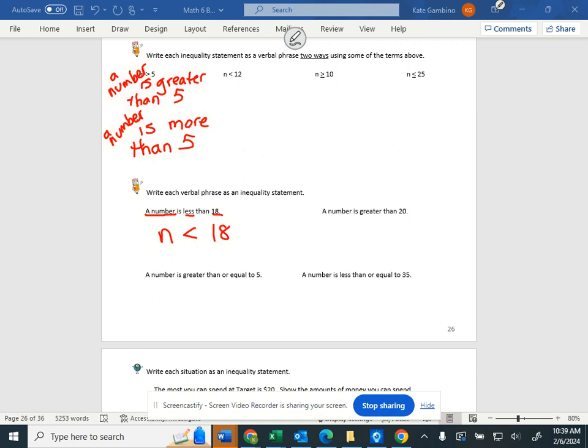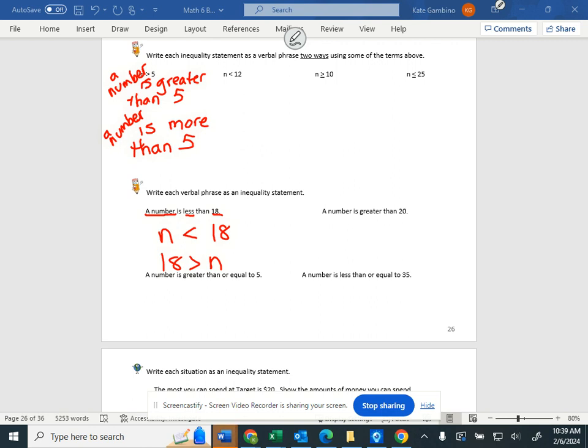Oh, well, I had a question. So if you do the n and 18, would it be wrong if you do 18 and then the thing is you do 18? Would that be wrong? It would be wrong. Why? Because it has the greater than symbol.